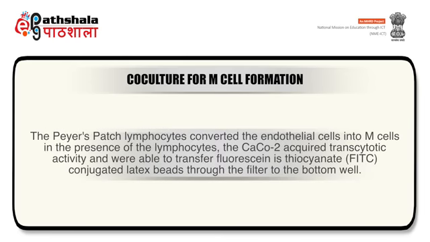The Peyer's patch lymphocytes converted the epithelial cells into M cells. The Caco-2 acquired transcytotic activity and were able to transfer fluorescein isothiocyanate-conjugated latex beads through the filter to the bottom well.